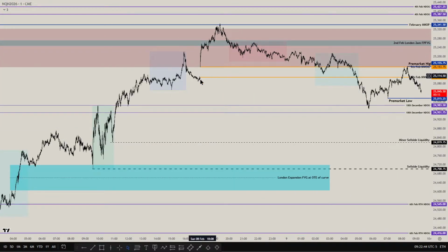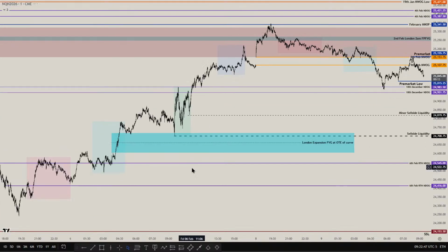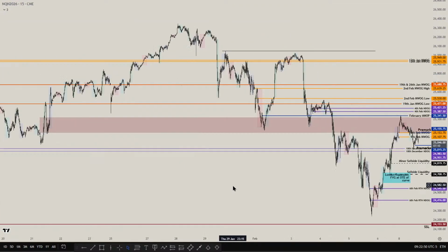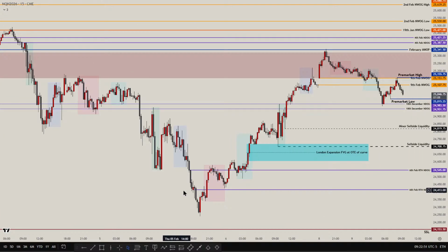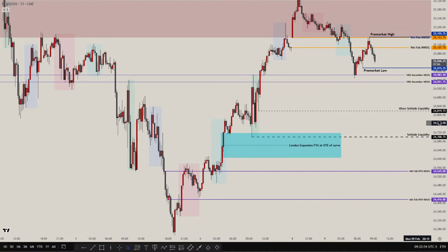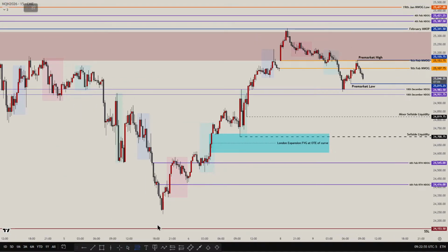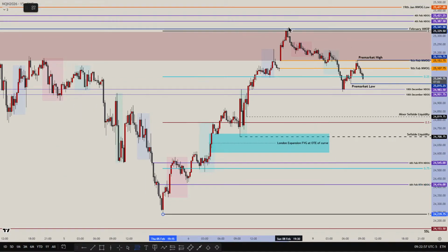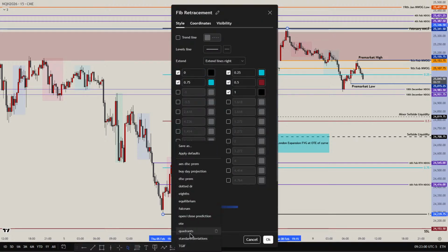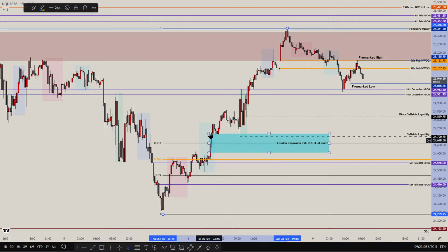Asia consolidated. There's our new week opening gap. This is a fair value gap at optimal trade entry from the lowest low to the highest high of the buy side of the curve in the market maker buy model, right here, at 62%.